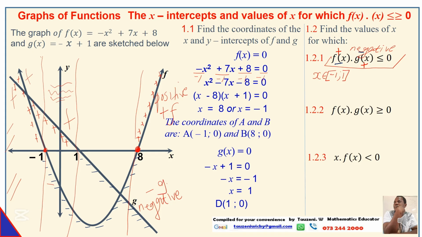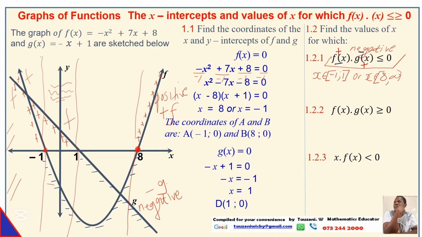If you multiply positive f times negative g, the answer will definitely be negative. That is also part of the answer that we need here. So this one starts from 8 and goes up to positive infinity. So your answer will be from 8 up to positive infinity. Within that range, the graphs have different signs.